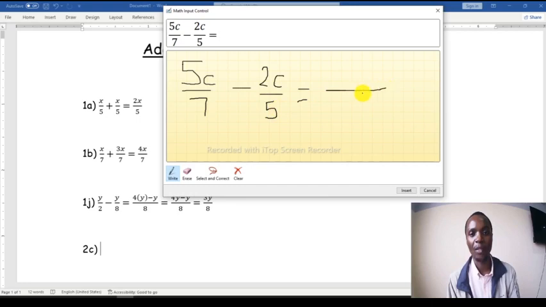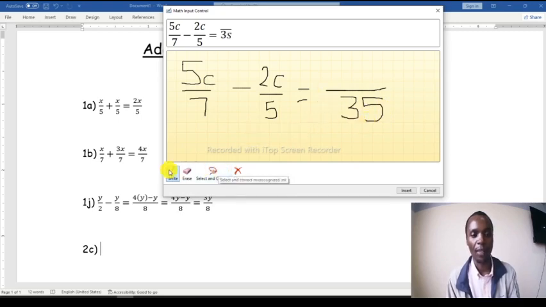The product of 7 and 5 will give us the common denominator, which is 7 times 5 equals 35.